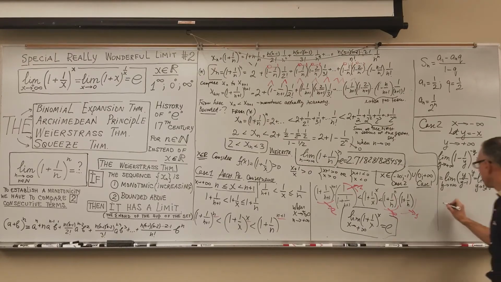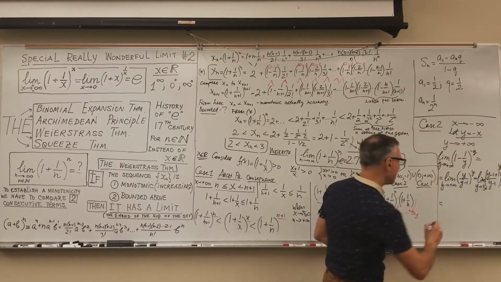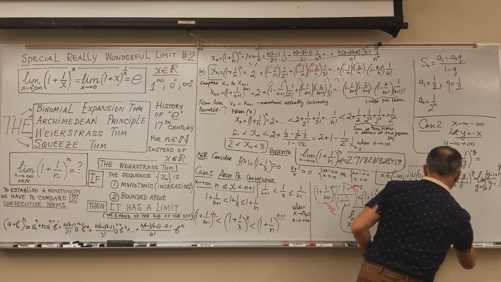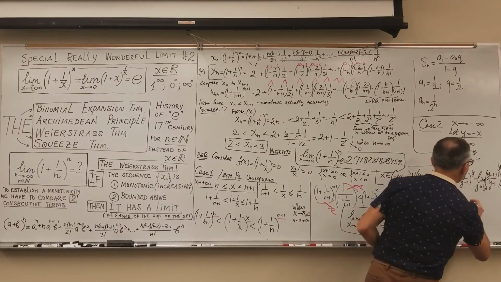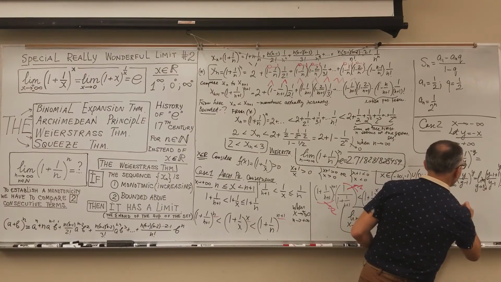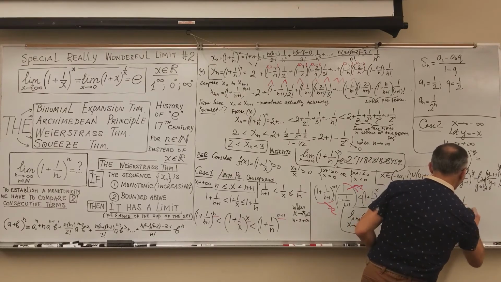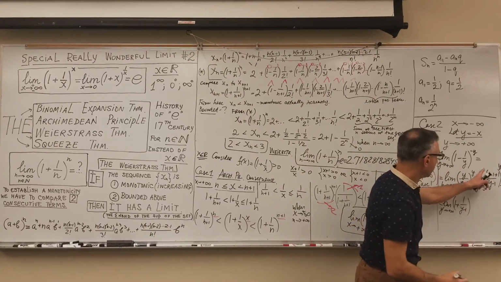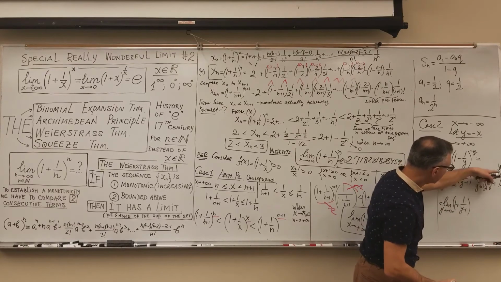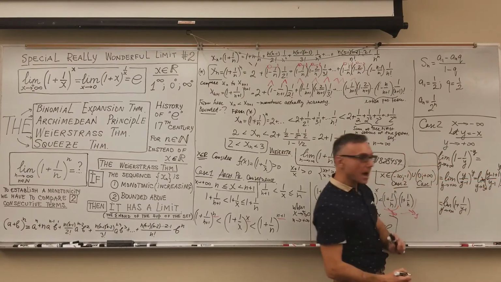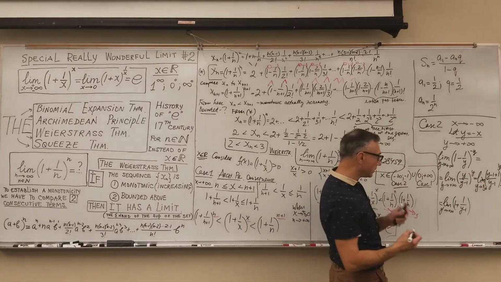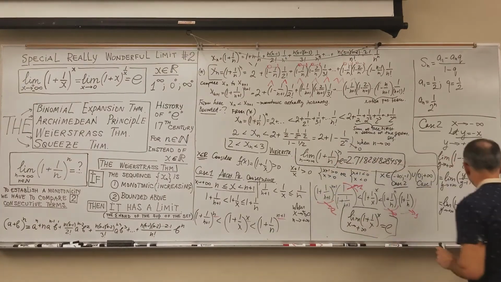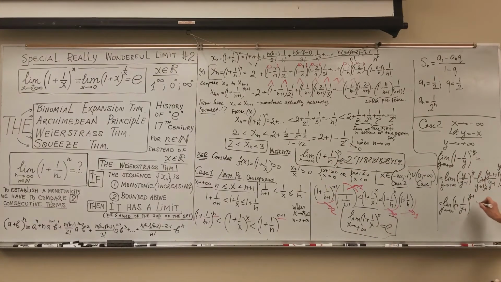I can write it as the limit, y goes to plus infinity, of 1 plus 1 over y minus 1. What's the power? I can write it as y minus 1, and I need to multiply by one more term, 1 plus 1 over y minus 1.